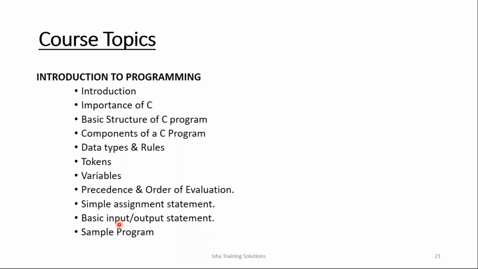Simple assignment statements, basic input and output statements, sample program. We have already seen the sample programs, no need to worry about that. In this introduction to programming, we are about to see data types and rules, tokens, variables, precedence and order of evaluation. That's it: 1, 2, 3, and 4. The rest we have already seen: simple assignment statements, basic input and output statements, and sample programs.